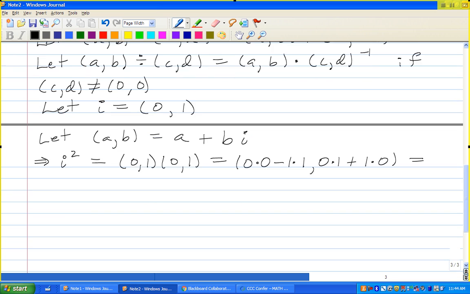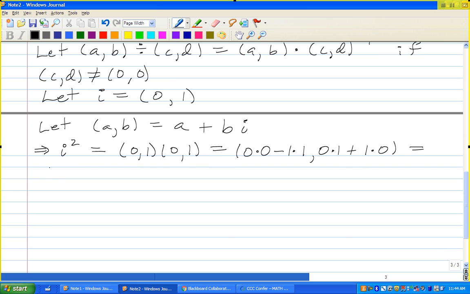And so that's equal to (0 minus 1, which is a negative 1, 0 plus 0, which is 0), which I can write, using this above notation, as negative 1 plus 0 times i, and so negative 1. And so what I've shown here is that i squared equals negative 1.